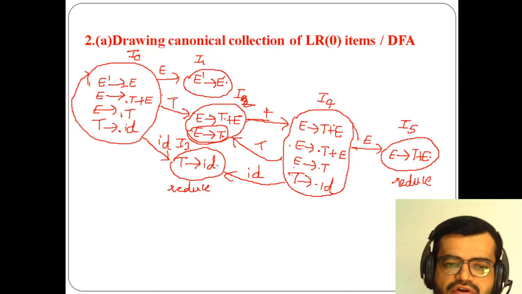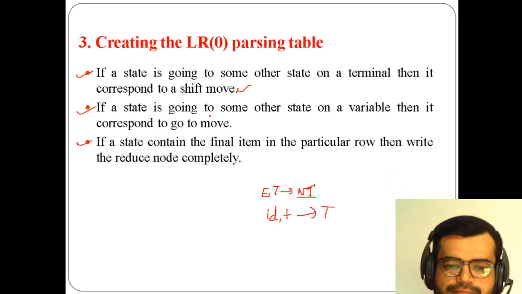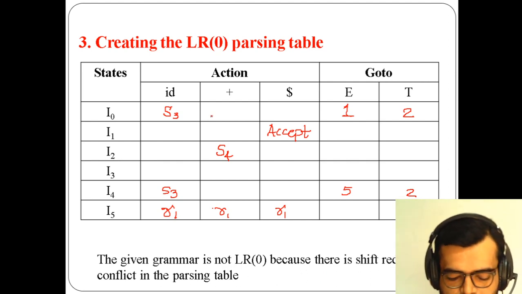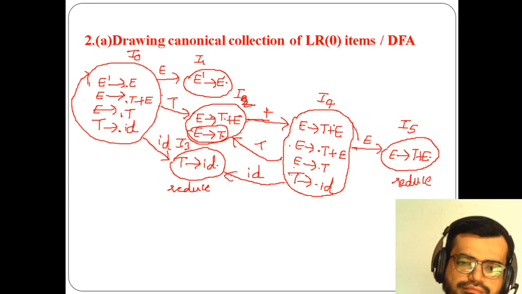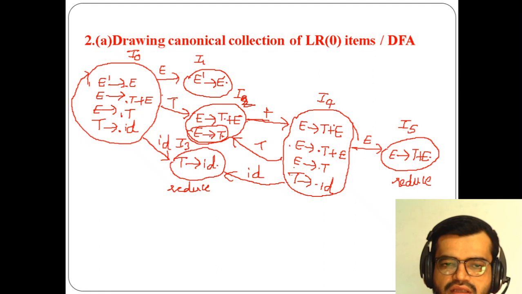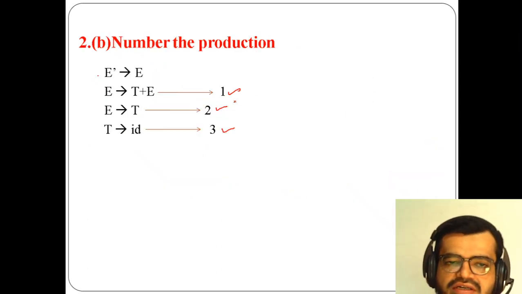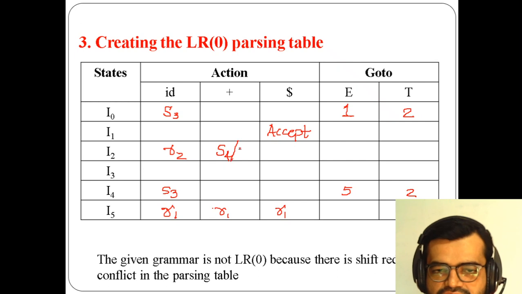So in which state is it? In I2. Okay, I2, and which production is it? 2. So I should write R2 everywhere. Here I am writing R2, here also R2 is there, so I am writing R2 here as well as here.